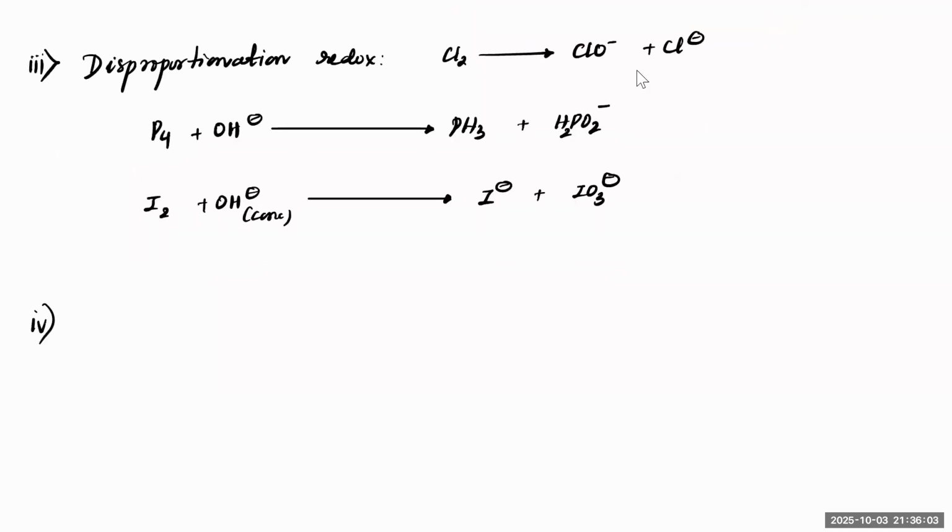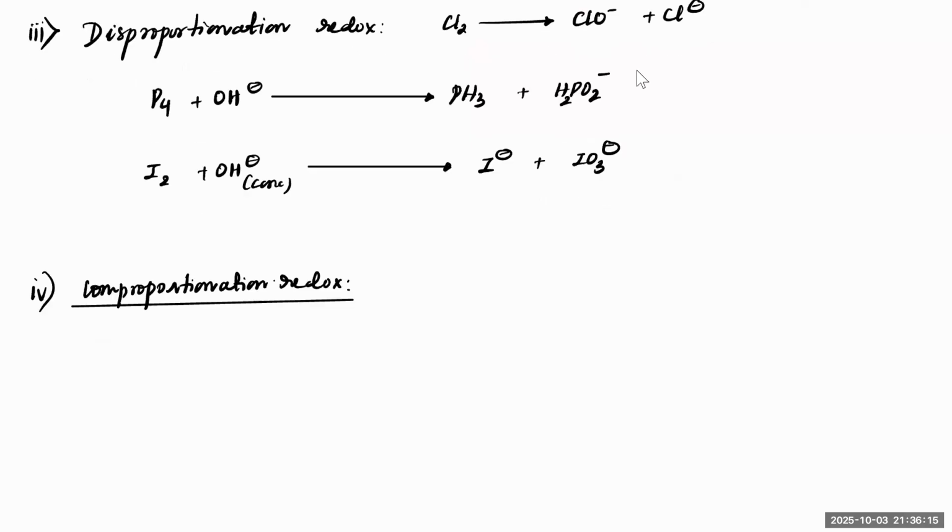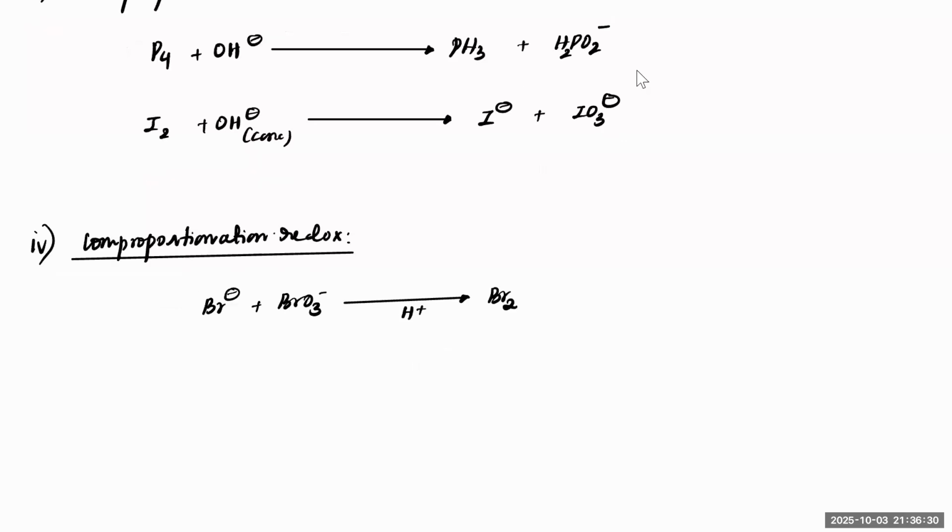And lastly, comproportionation redox. It is just the reverse of disproportionation. So you're combining two species to form one. Like if I have Br minus and BrO3 minus in acidic medium, the reverse will happen. It will convert into Br2.